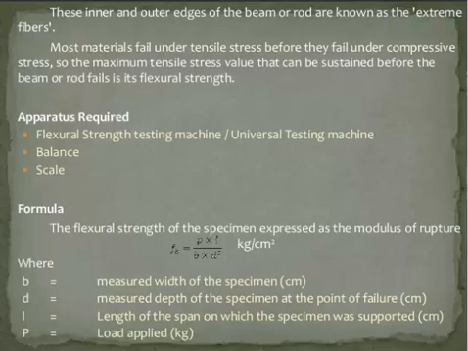The results of the flexural test on concrete are expressed as the modulus of rupture, which is denoted as MR, in MPa, that is Newton per mm square.